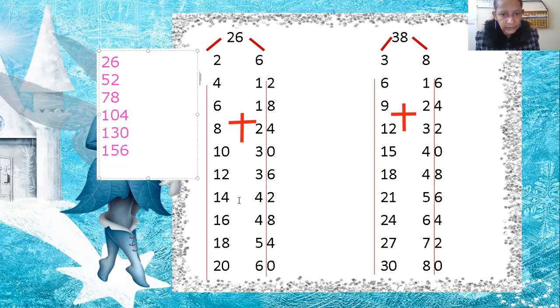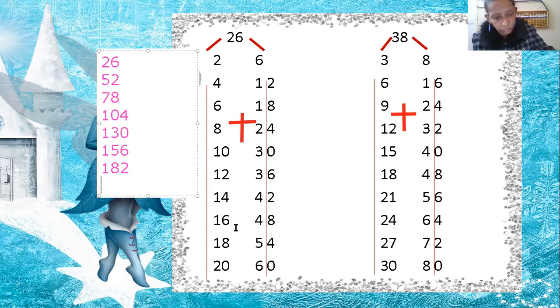Next you see, this is 14 plus 4. 14 plus 4 is 18, तो 18 we will write down here, and इसके साथ में ये 2 है, तो 2 we will write down here as it is. Now next you see, 16 plus 4 है. 16 plus 4 is 20, तो 20 we will write down here, and इसके साथ में ये 8 है, तो 8 we will write down as it is.